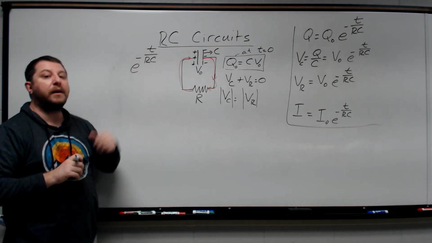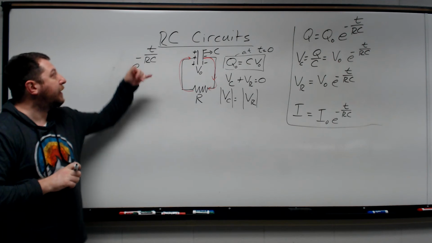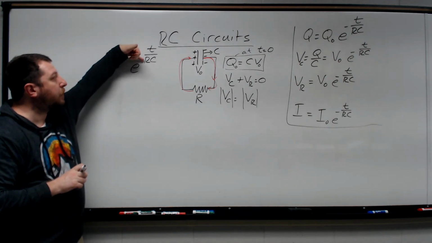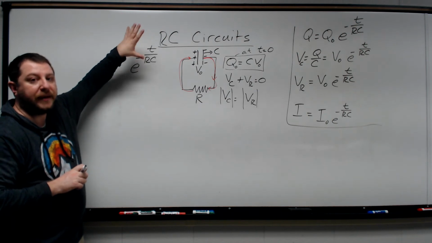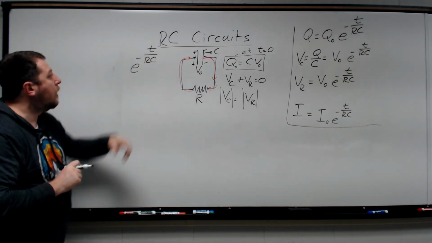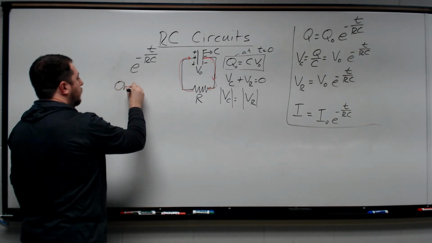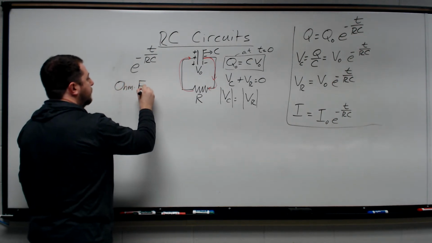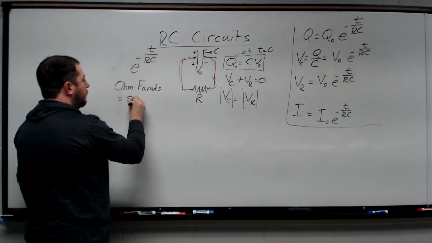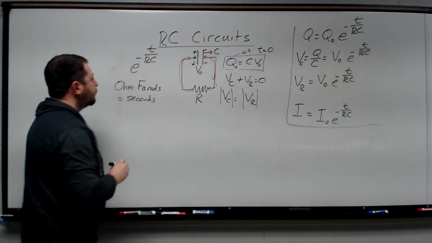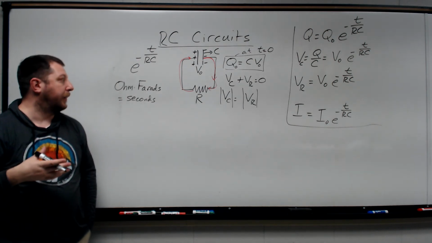So what that means is I have time over something. To be unitless, I need time over time for my seconds to cancel out. So what that means is ohms times farads must equal seconds. Okay, so RC is a unit of time.